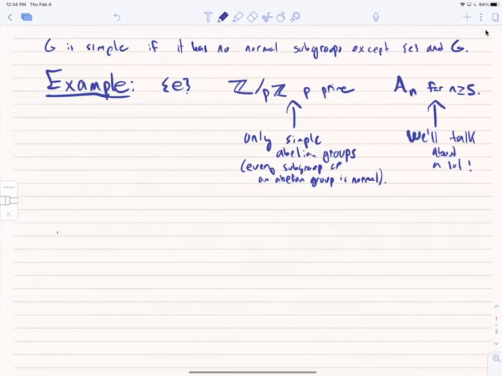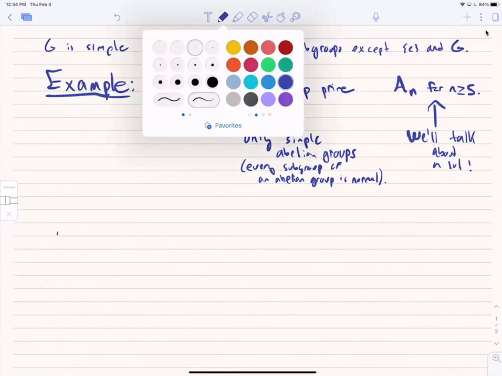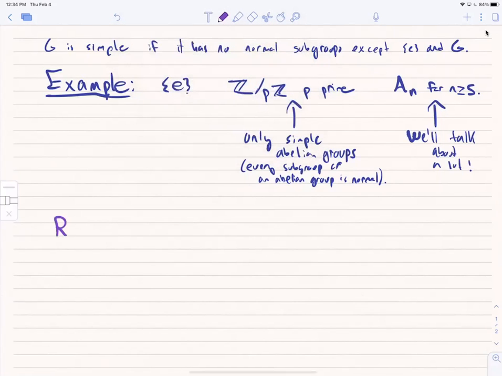So recall we have S_n injecting into GL_n of, I can't remember if I did the complex numbers or the real numbers last time, but let me just do the complex numbers. So just by these permutation matrices, by just permuting the coordinates.